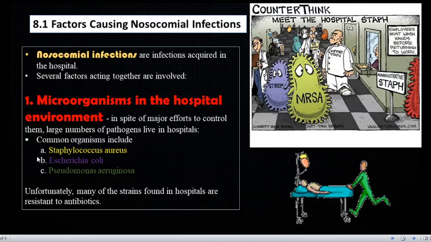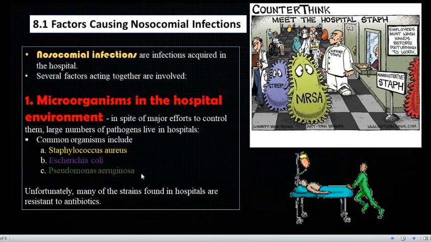But when it came to 1970s, your E. coli and your Pseudomonas aeruginosa are the top 1. Okay? So, napalitan yung Staphylococcus ng E. coli and Pseudomonas aeruginosa pagdating sa 1970s. And these two are both gram-negative microorganisms, meaning they are less affected by antibiotics.